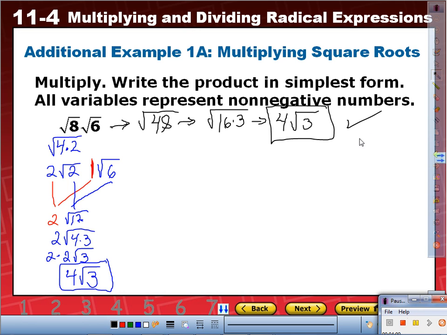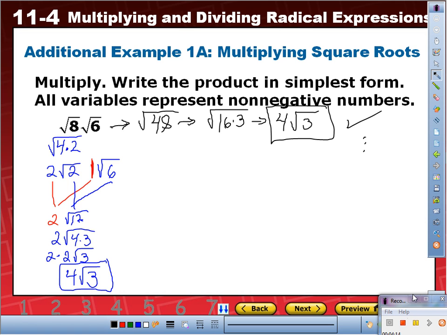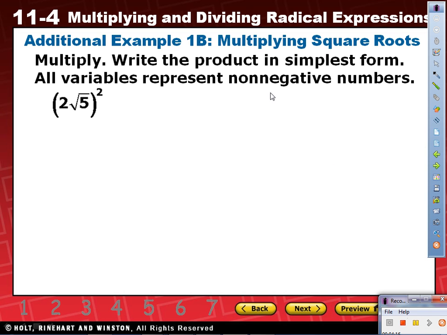Example 1b. Copy this, please. Example 1b says multiply. Once again, you don't have to write the entire instruction. Just multiply, parentheses 2 square root of 5, close parentheses to the second power.